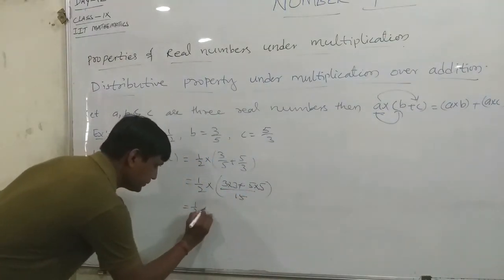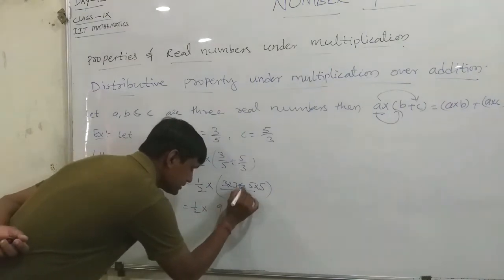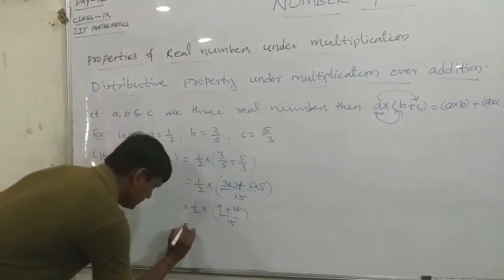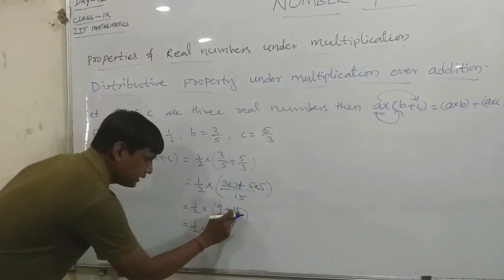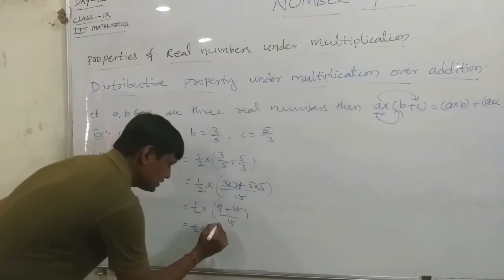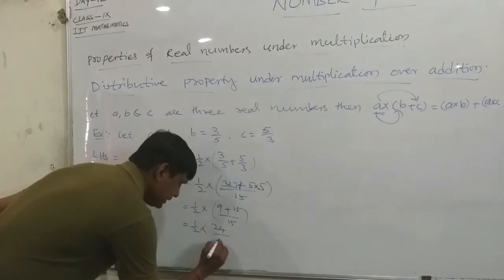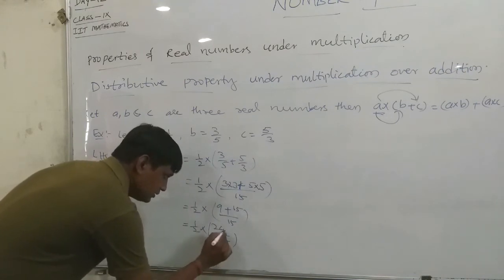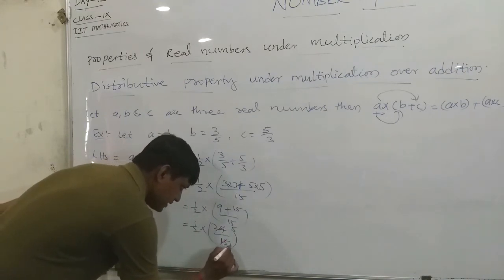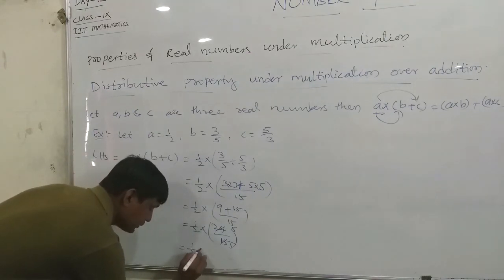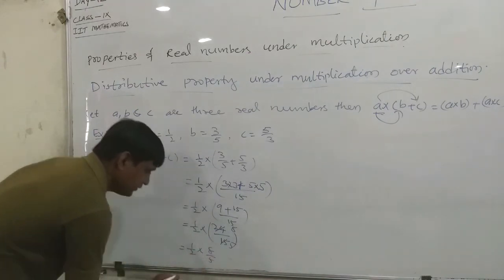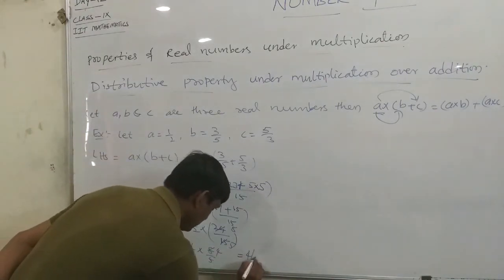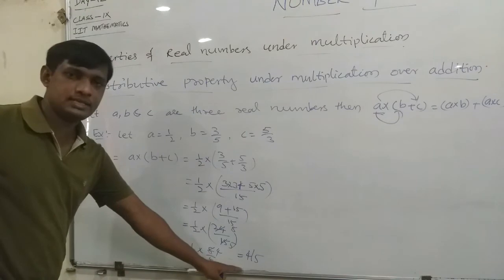That's equal to 1 by 2 into 9 plus 25 is 34 by 15. Now the value is 1 by 2 into 24 by 15. 3 8s are 24, 3 5s are 15. Now the value is 1 by 2 into 8 by 5. 2 1s are 2, 2 4s are 8. That's equal to 4 by 5. The LHS is 4 by 5.